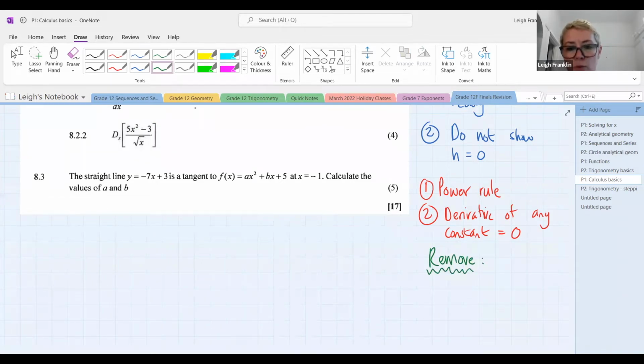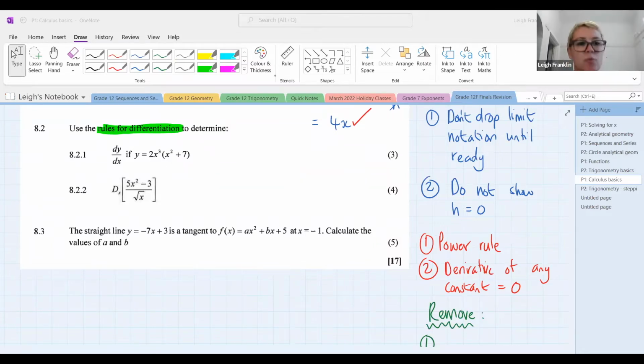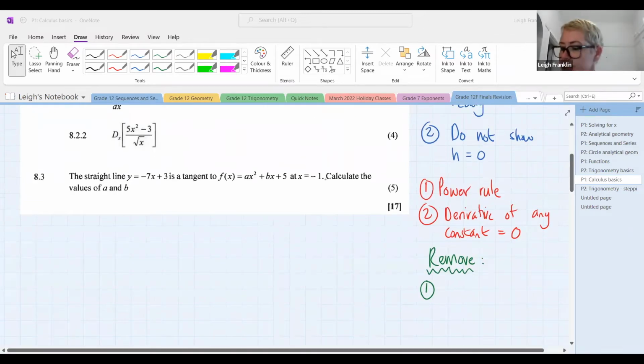What 3 things always have to be removed before we can differentiate? Absolutely. Somebody else said brackets. Good, very nice.